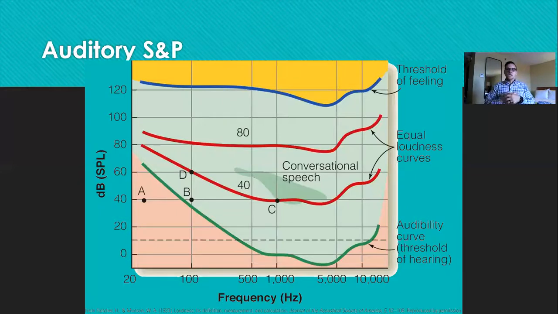Now, if these two waves are going in opposite directions and they cross each other, then when the two points of condensation match up, you get kind of like multiplying.